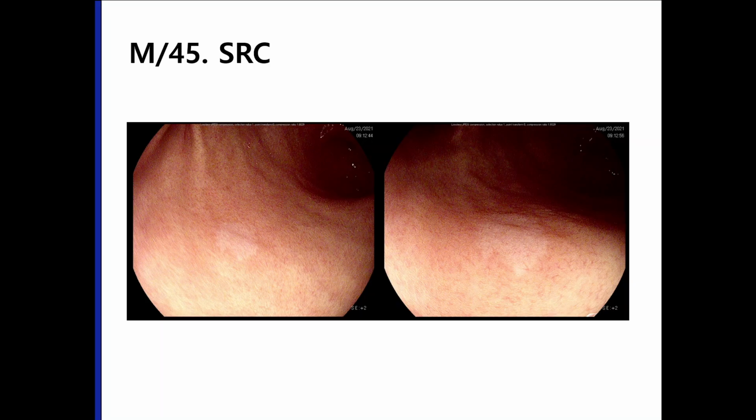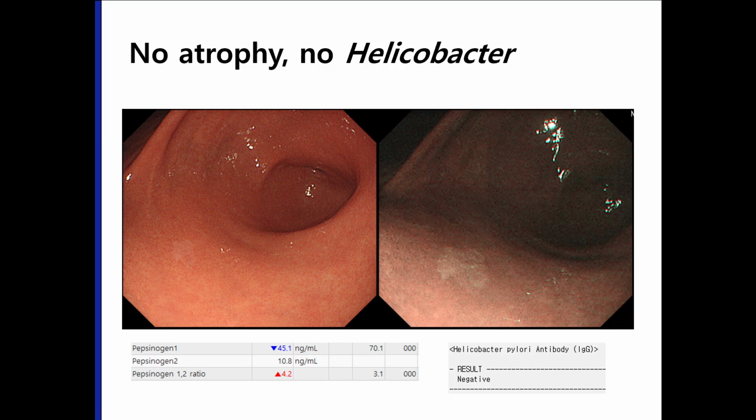A small, flat, discolored lesion was found in the screening endoscopy of a 45-year-old male. We repeated endoscopy for possible endoscopic treatment. There was no atrophy and no evidence of Helicobacter pylori infection.